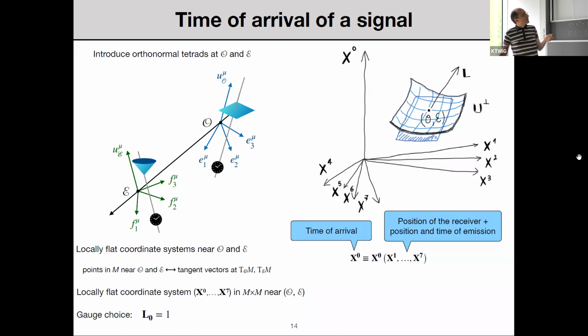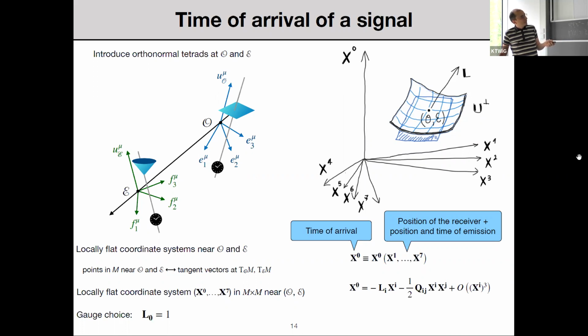So now you can express the time of arrival as registered by a clock by the position of that clock, the position of the emitting clock, and the time of emission, which is x7. And that's exactly expressing x0 with seven other variables. And when solving the equations from the previous part, what you get here is that x0 is L_i x^i. This is the seven coordinates here.